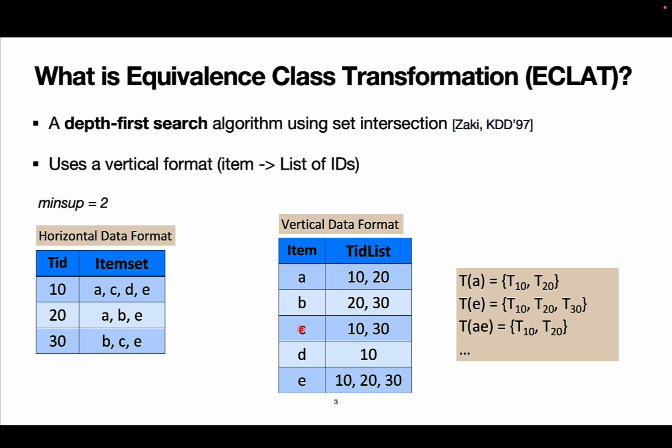Now, suppose we set the minimum support to 2, we can easily identify the items that satisfy minimum support just by looking at the length of the transaction ID lists. So A, B, C, and E satisfy minimum support, and we prune D.